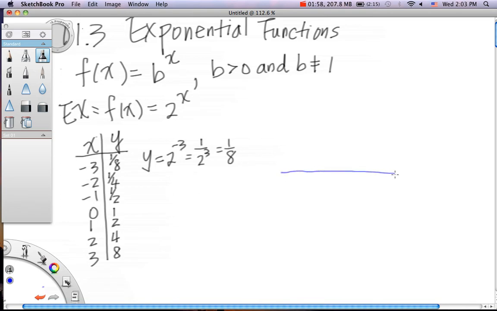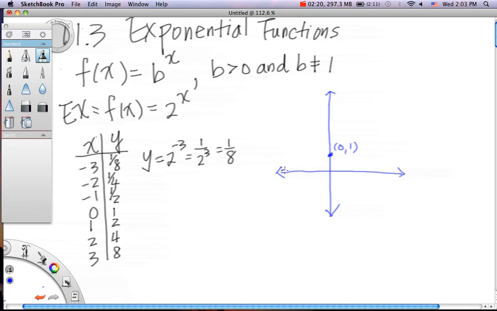So this is the graph, just as a sketch. It's going to go through 0, 1. When x is very negative, you're going to get a very small y value.